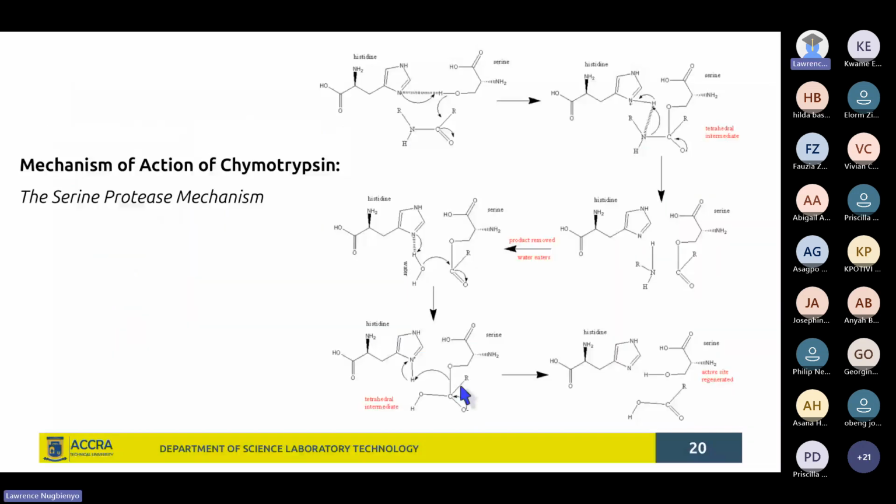Now let's take a more chemical presentation of a mechanism of action, and this time we're looking at the action of another enzyme which acts in the breakdown of proteins. This enzyme is chymotrypsin, and it is one of these proteins which act by the mechanism we refer to as the serine protease mechanism.